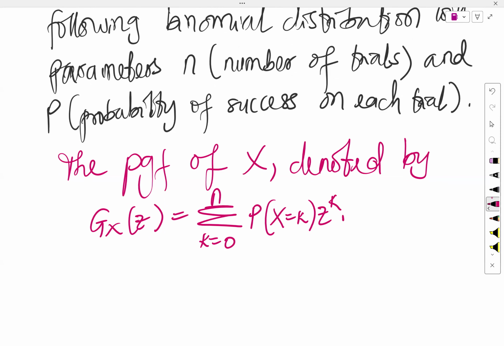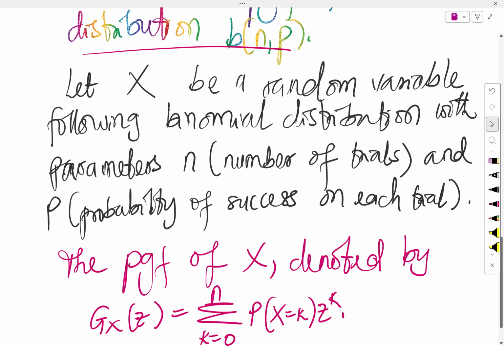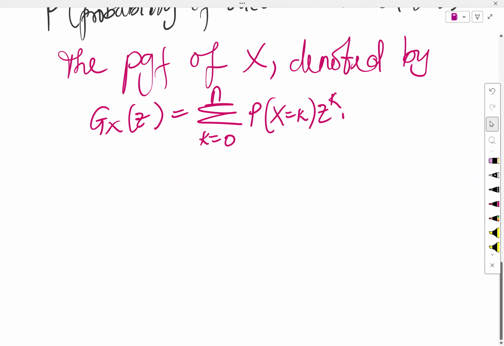But here our particular focus is on the binomial distribution, so we need to remember what the binomial distribution is.